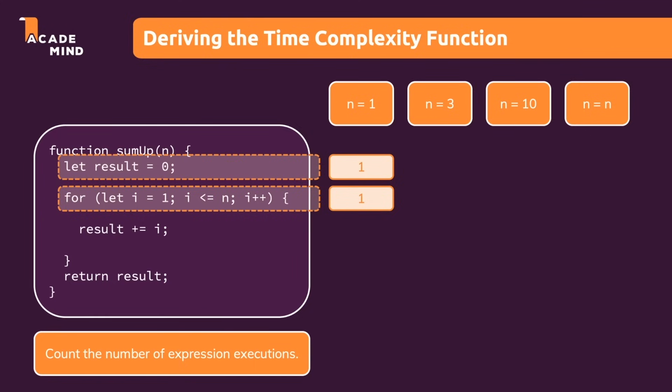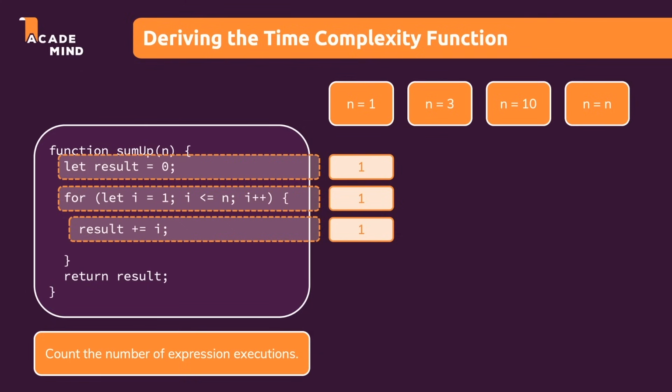Now, what about the code inside of the loop? How often does that run? Well, if n is equal to 1, then we initialize i to 1, and we run through that body in the loop as long as i is smaller or equal than 1. And if n is equal to 1, that means we execute the body in the loop exactly once, because after that first loop iteration, i will be incremented to 2.